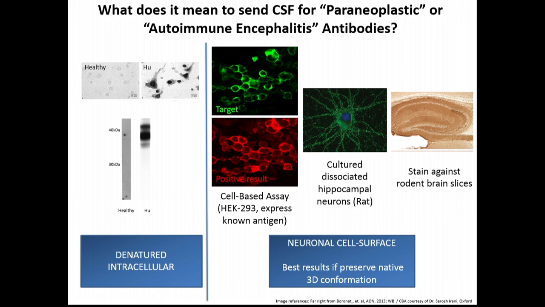And you have much more confidence when you see it through multiple testing than just through one. And so when we talk about cell-based assays, that's what we mean, and then confirming against brain slices. The beauty of a brain slice assay is that you can see abnormal staining against neuropil, abnormal staining against neurons, the synapses, even if you don't know what the antigen is.